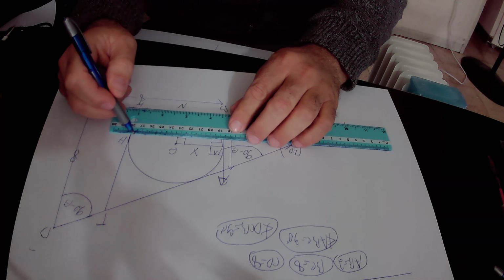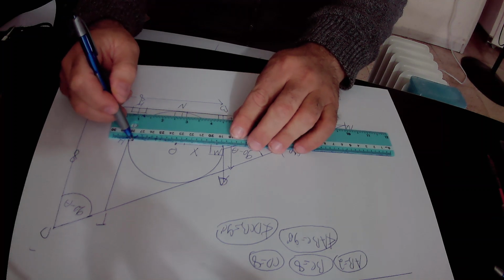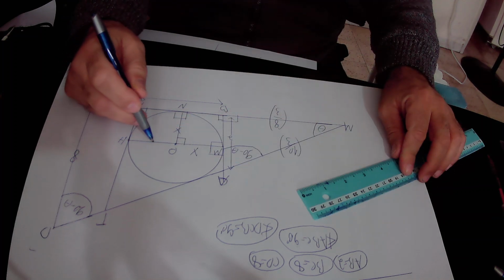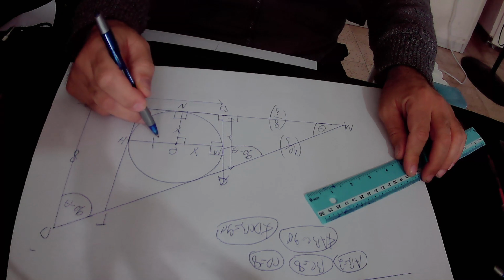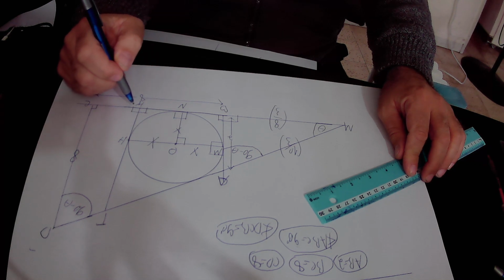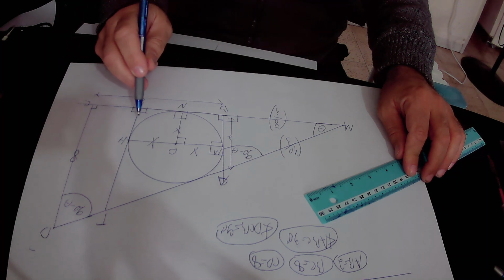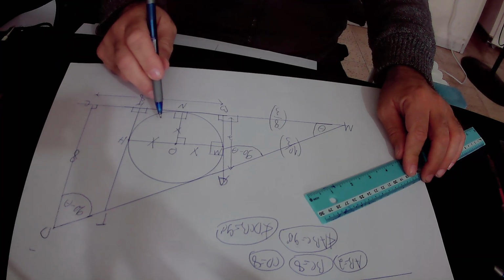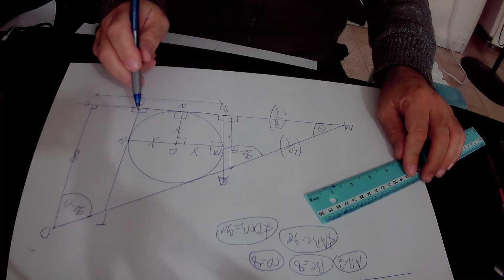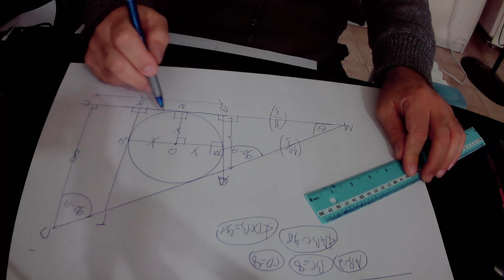We join points O and H together by a straight line. OH is the radius of the circle that is equal to X. The radius OH is drawn to point H, that is the point of tangency of tangent TK with this circle.